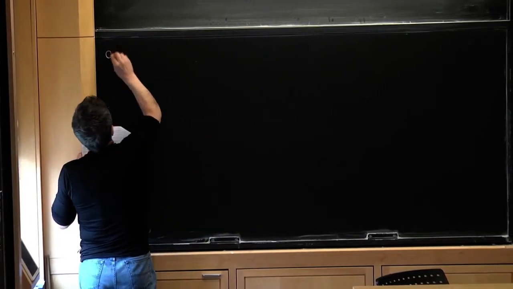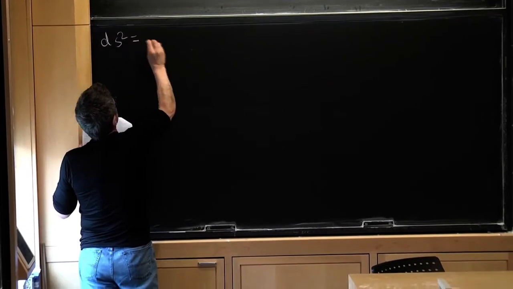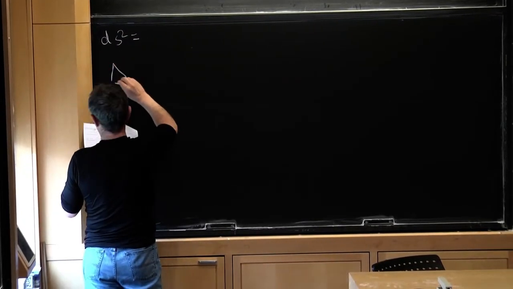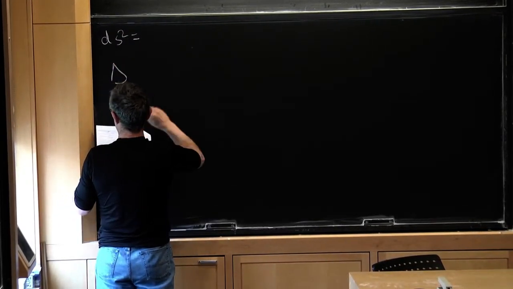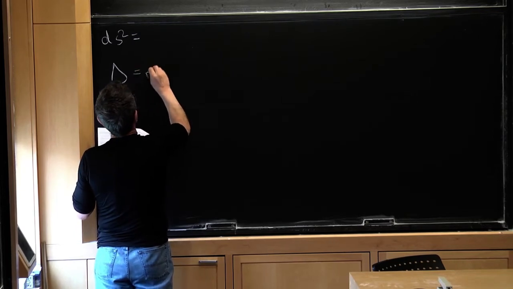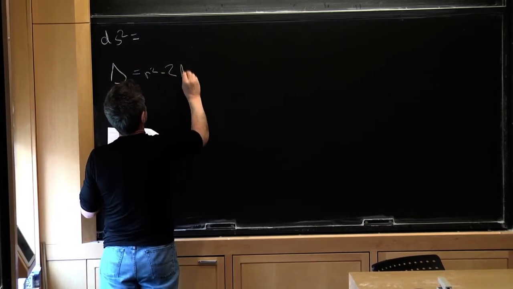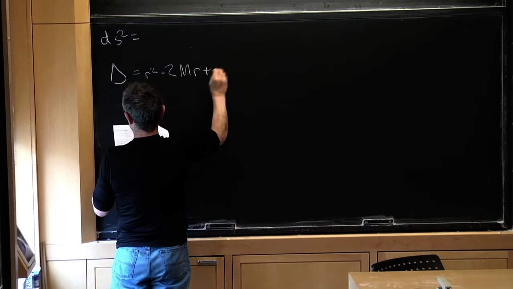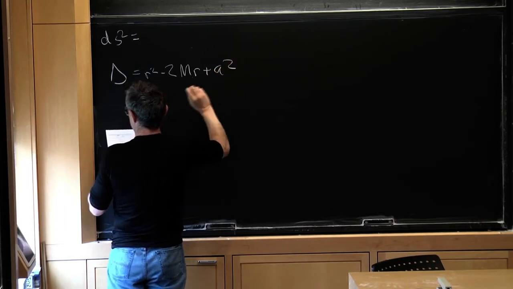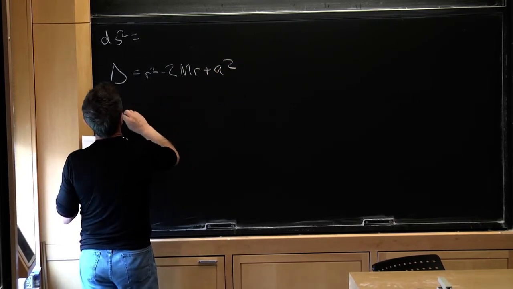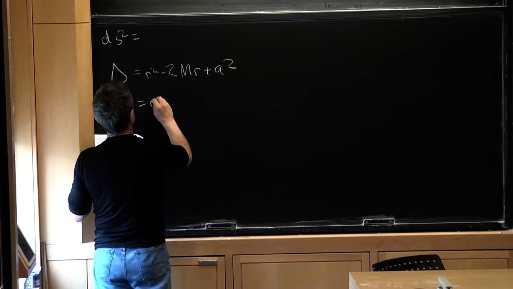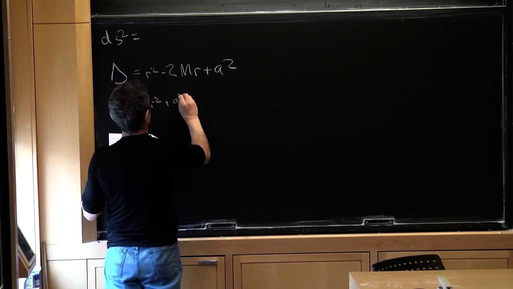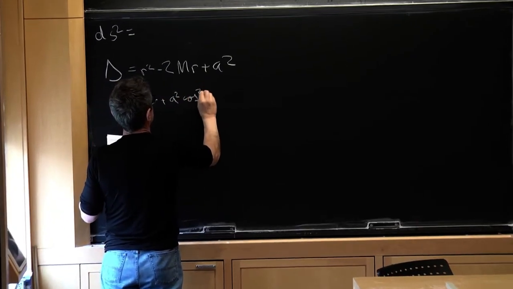So it's the line element. We define delta, which for Kerr is equal to r squared minus 2mr plus a squared. And we also define rho squared equals r squared plus a squared cosine squared theta.